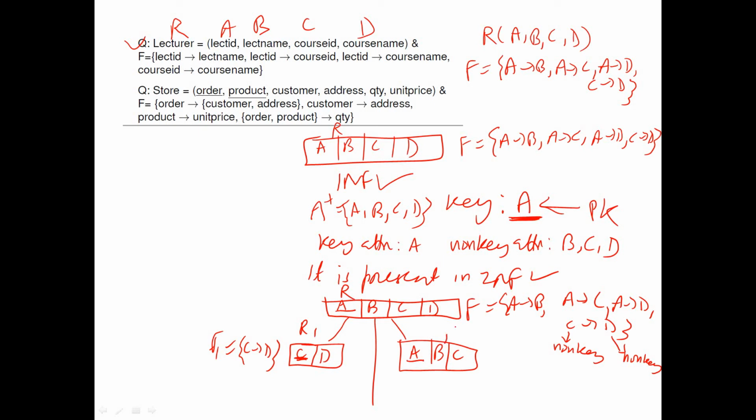So the primary key is A, and let it be considered as R2. So let F2 be A to B, A to C. Then in this R1, only one key is there, and D depends upon C, so I can say it is present in 3NF.